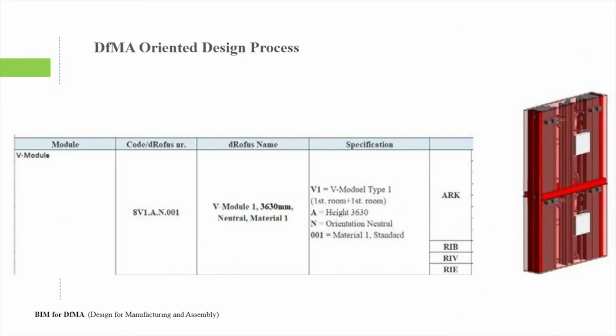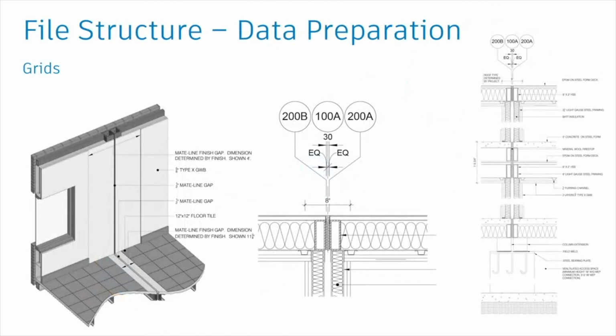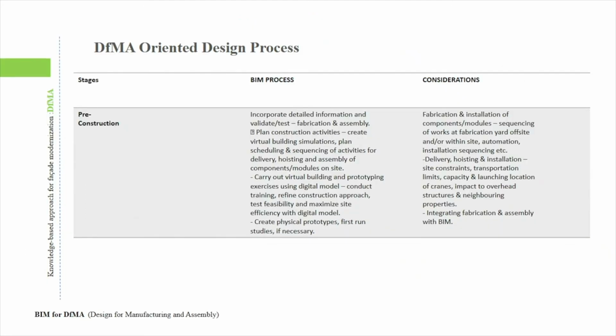For example, here where this vertical element of a component is specified based on certain considerations, and here where a nested family for window is extruded into different parts. And this is the grid and file structure for detail stage.